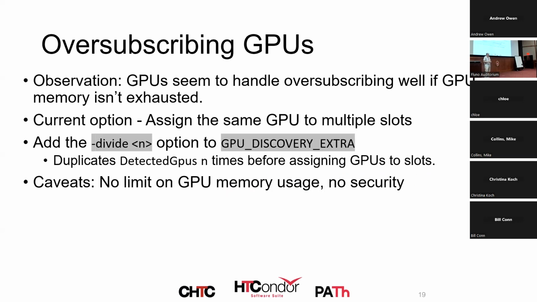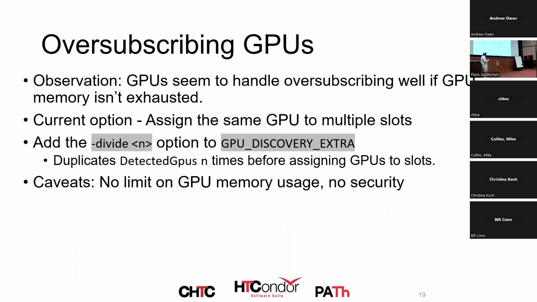Another thing that we've observed is that GPUs do tend to handle oversubscription pretty well as long as they're not running out of memory. One way we can provide this option to our users is to assign the GPU multiple times to different slots.